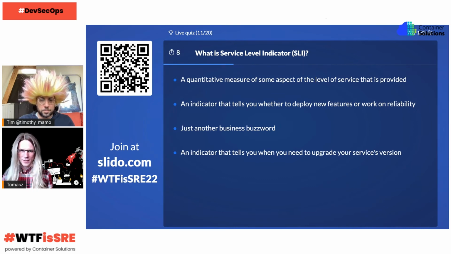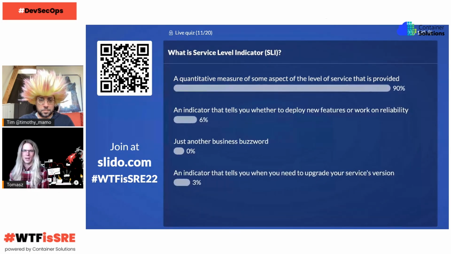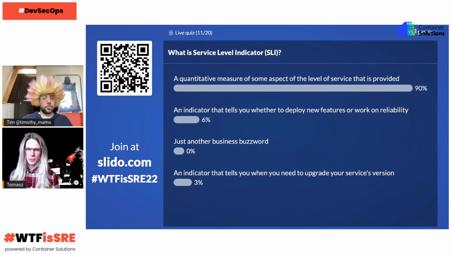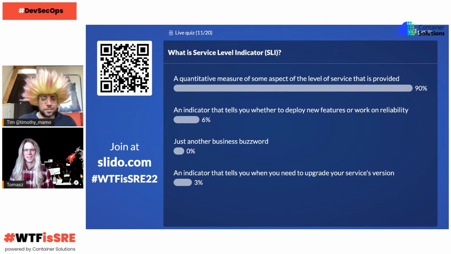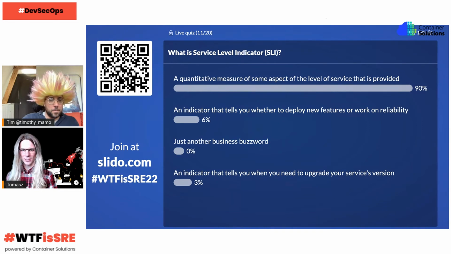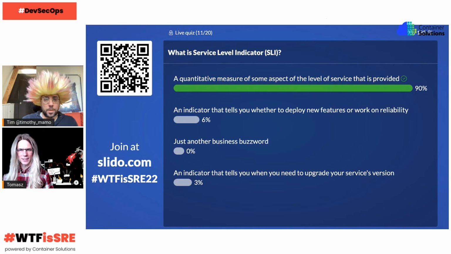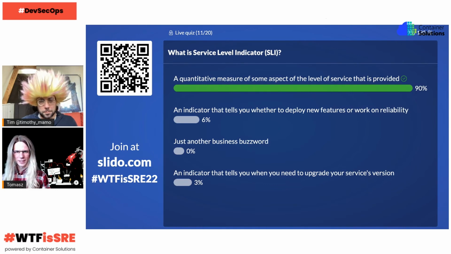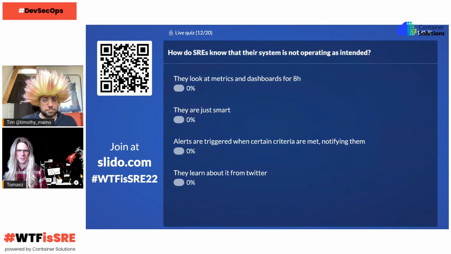Is it just another business buzzword, or an indicator that tells you when you need to upgrade your service's version? And let's see what people answered. Everyone said, I love buzzwords. Yeah. Okay, so let's see which is the correct answer as well. Indeed, it is quantitative measure. And no one said business buzzword, yeah.